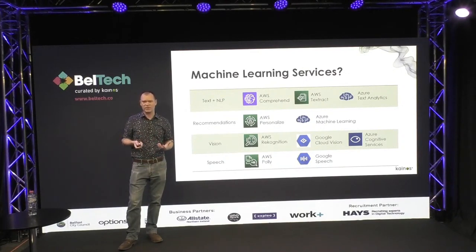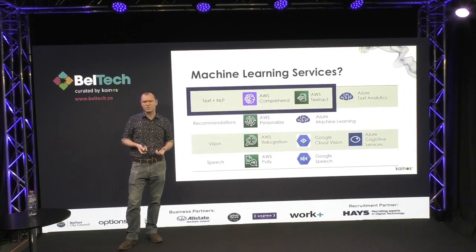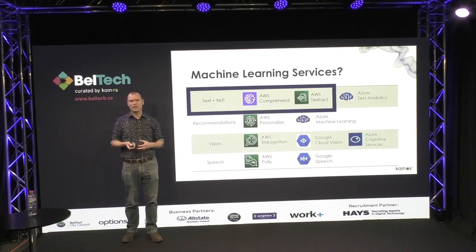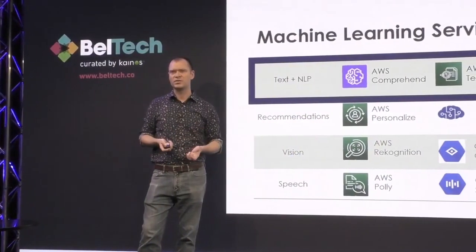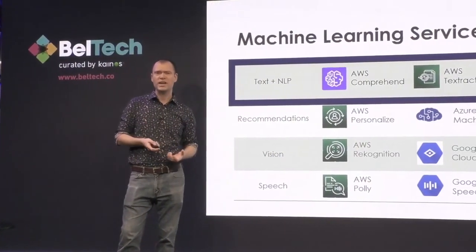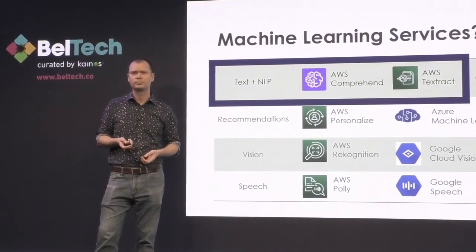This is just a very small slice across the board of different types of services that are available from the different vendors. The two that we're going to specifically talk about today are AWS Comprehend and AWS Textract. Those are Amazon services for natural language processing and their service for text processing, so for OCR.